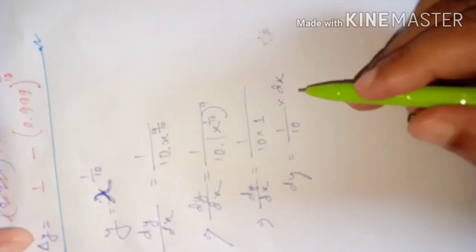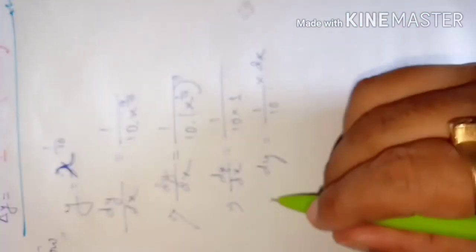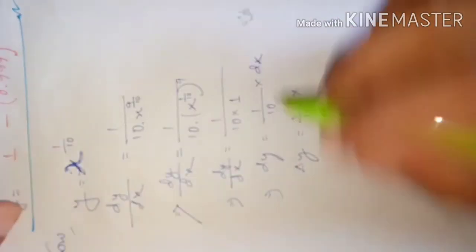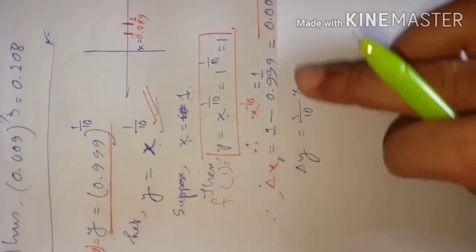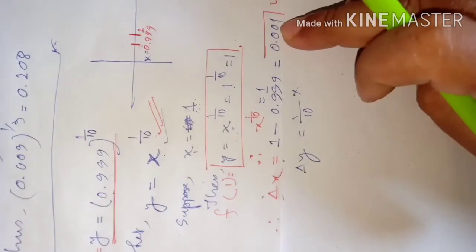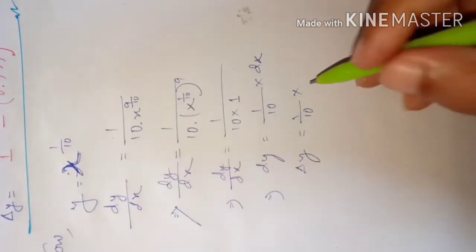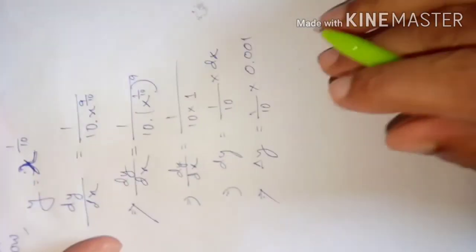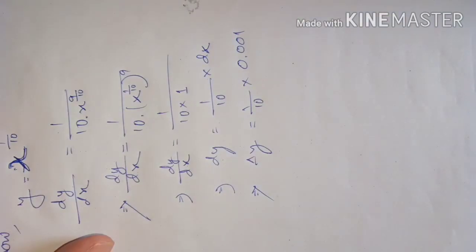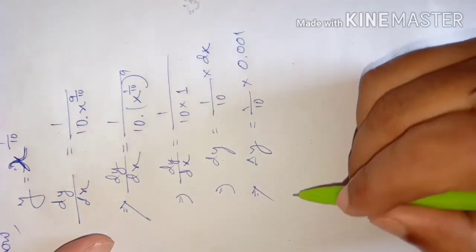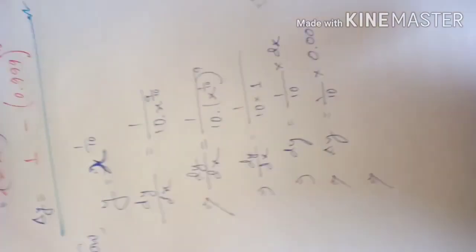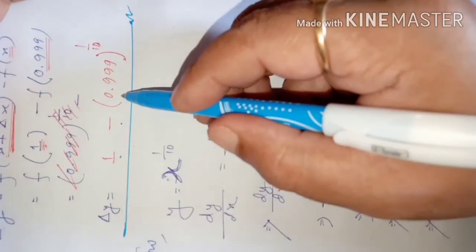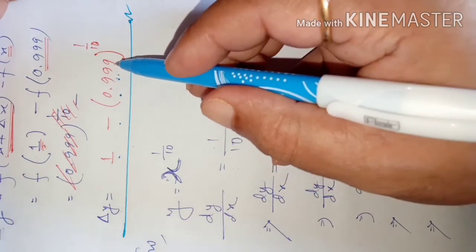But dx you know is equal to delta x only, and this dy is delta y. So delta y is equal to 1 by 10 into dx. What is delta x? Delta x is equal to 0.001. So here we will put 0.001. That is delta y. So delta y is equal to 1 by 10 into 0.001. But the expression for delta y is already found out here. What is the expression for delta y? Delta y is equal to 1 minus 0.999 whole to the power of 1 by 10.